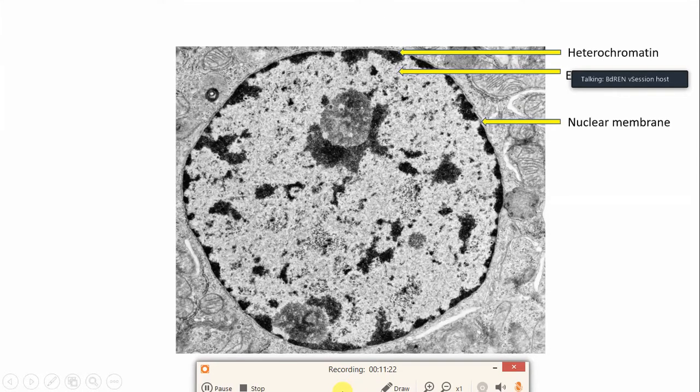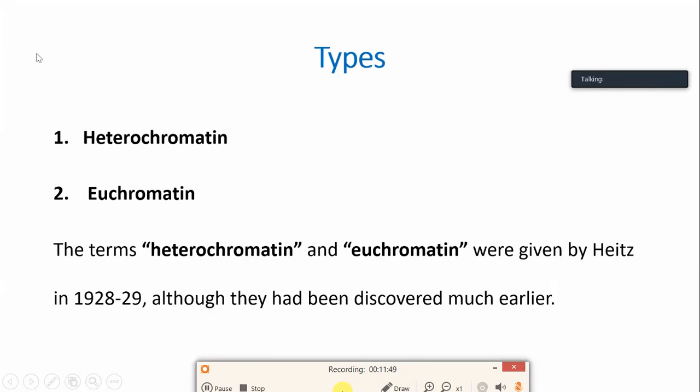One is darkly stained, which remains at the peripheral regions, and another is lightly stained, which remains dispersed across the nucleus. The lightly stained or white substance is known as euchromatin, and the dark stained material, the black one, is known as heterochromatin. Okay.